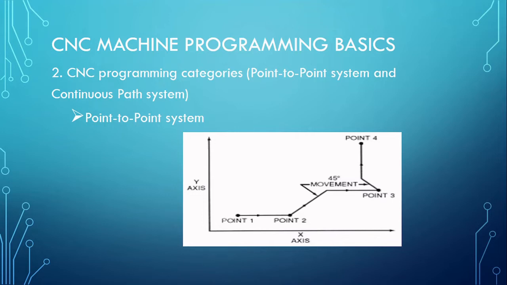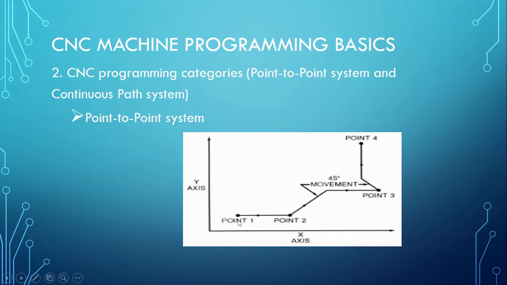In the case of the point-to-point system, the coordinates of operations on the workpiece are at different points, which specify different coordinates in the x and y axis. So here we have point 1, point 2, point 3, and point 4. The coordinate of point 4 is some value in y here and some value on the x-axis here. Also for 3, some value of x here and some other value of y here.